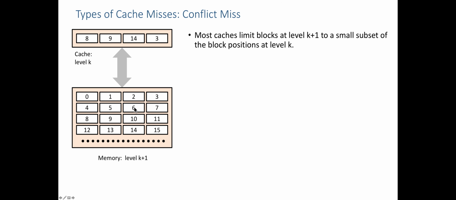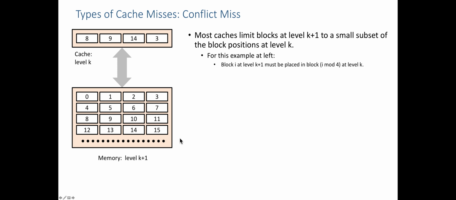That we've mapped these in a particular way here. That particular mapping is saying that a block i at level k plus 1 must be placed in block i mod 4 at level k, because in this case, this is memory.